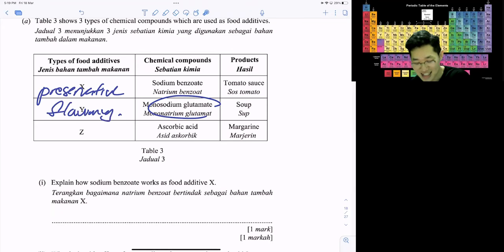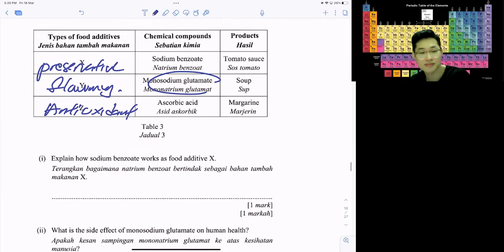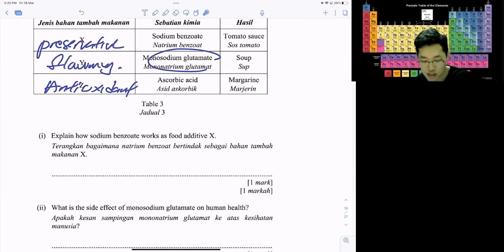Then ascorbic acid. Ascorbic acid in your bio is what? Like vitamin, right? Vitamin is antioxidant. Easy. So they ask you how sodium benzoate works. So they're asking you how a preservative works.